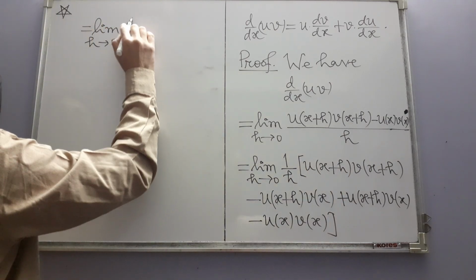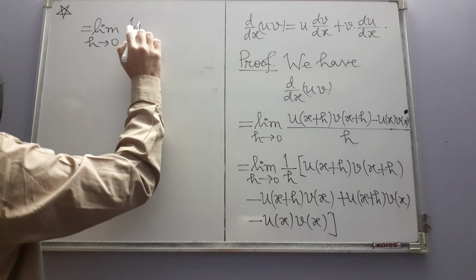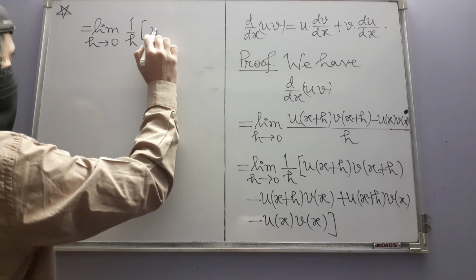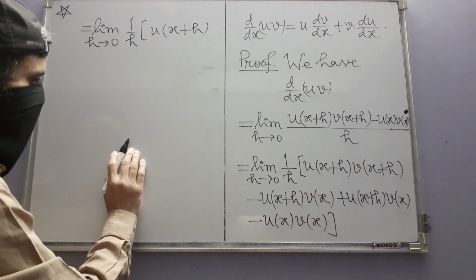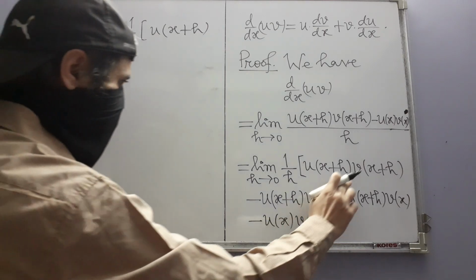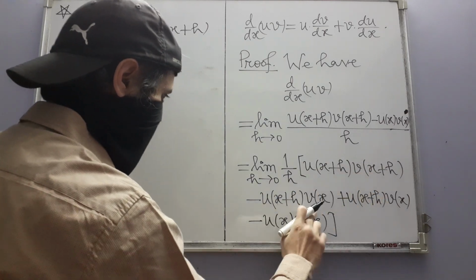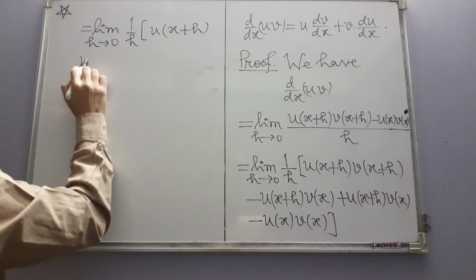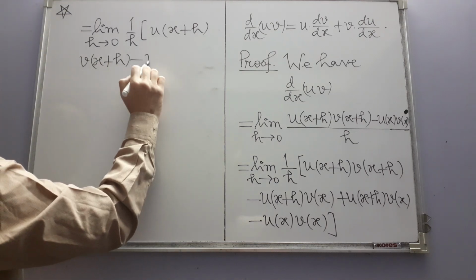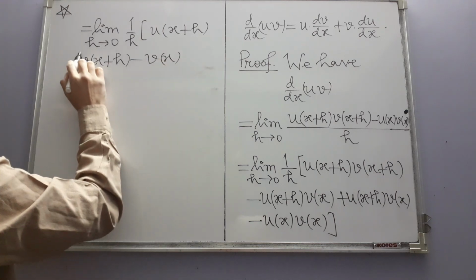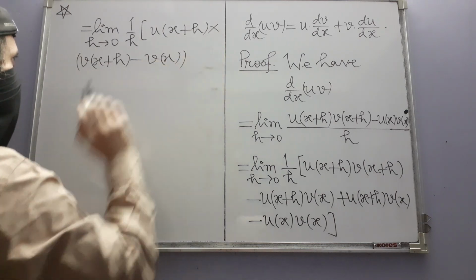So we can write 1 over h times u of x plus h times v of x plus h minus v of x, like this.